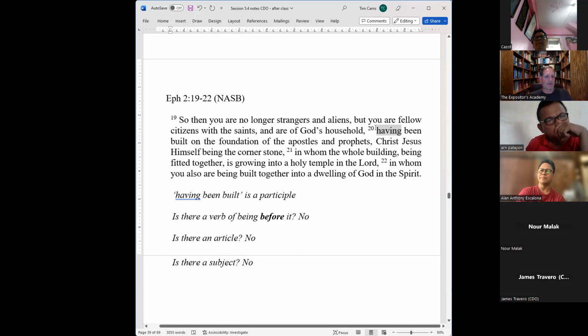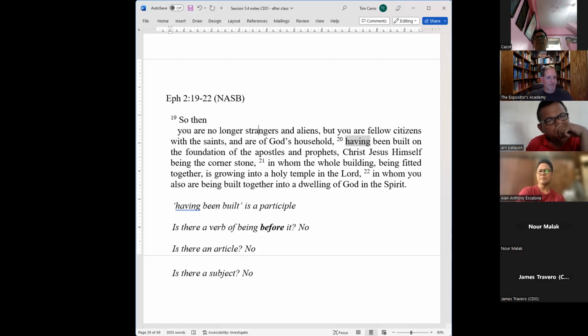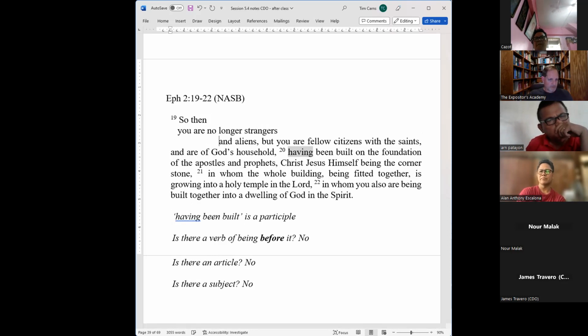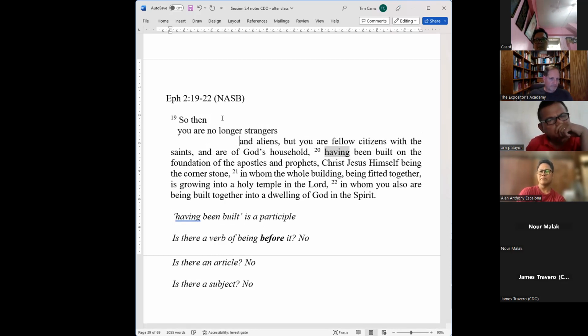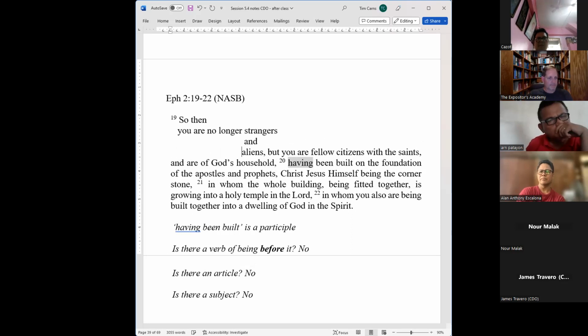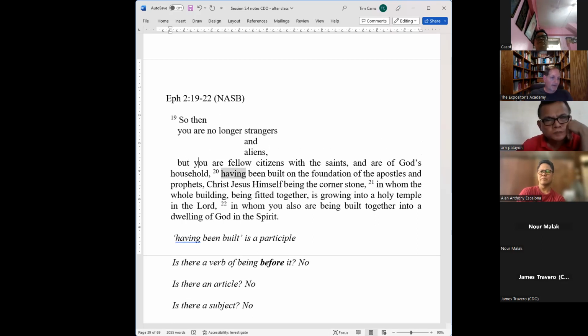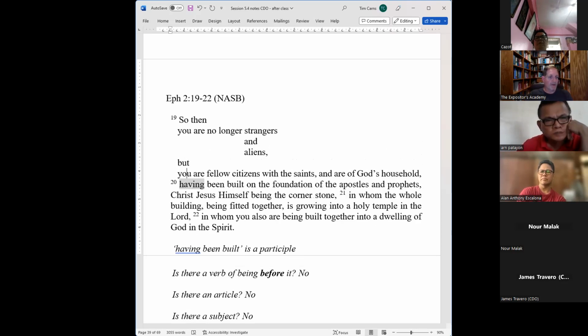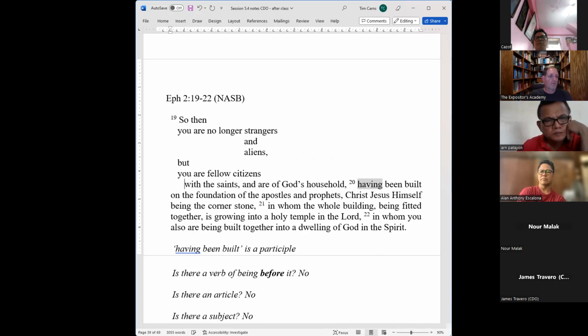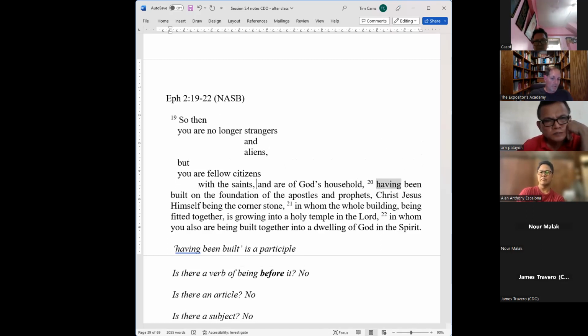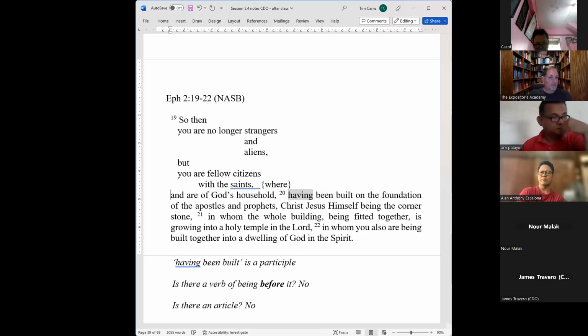So this is how we would diagram this probably. So then, you are no longer strangers and aliens. Then we have but, a coordinating conjunction. So it's going to be parallel: you are no longer strangers, but you are fellow citizens. Where are you fellow citizens? With the saints. And again, this coordinating conjunction.